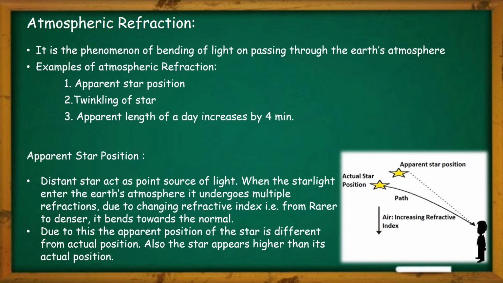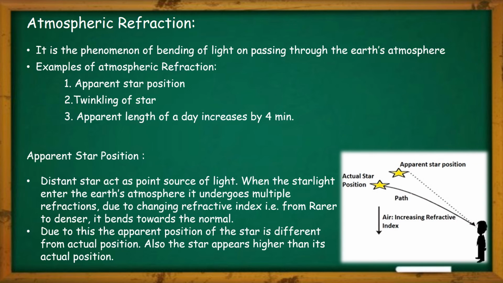Whenever light enters from a rarer medium to a denser medium, it bends towards the normal, for which atmospheric refraction happens, and due to this, the apparent position of the star is different from its actual position.